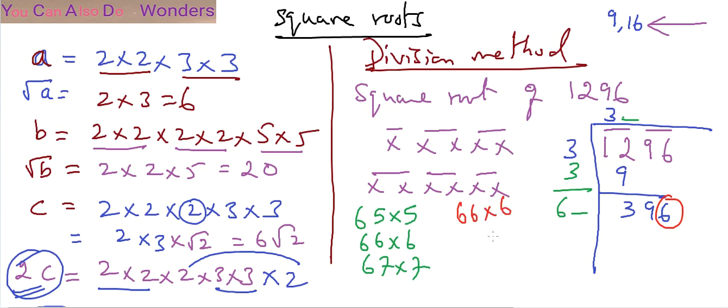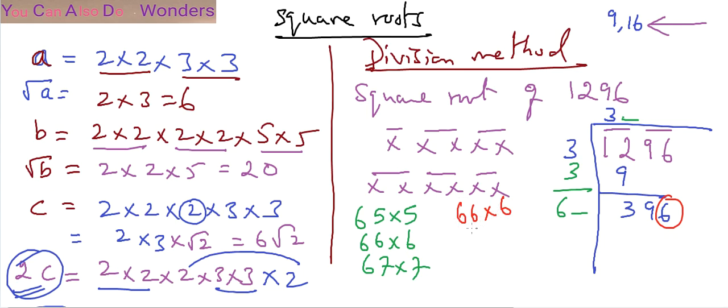If we get a number greater than 396, then we reduce and try 65 into 5. If the number is less than 396, then we try the next number, 67 into 7, and so on. One of these 3 will work out.